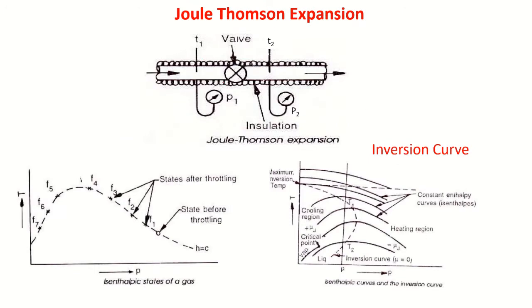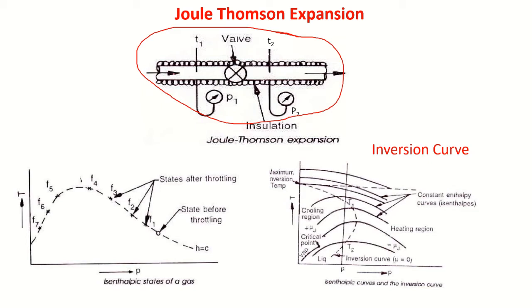So let me take a throttling device. This is a throttling valve or throttling device, we can call it. We use this in refrigeration, air conditioning systems, and many other places. So it is just a tube with a valve here. It is completely insulated.